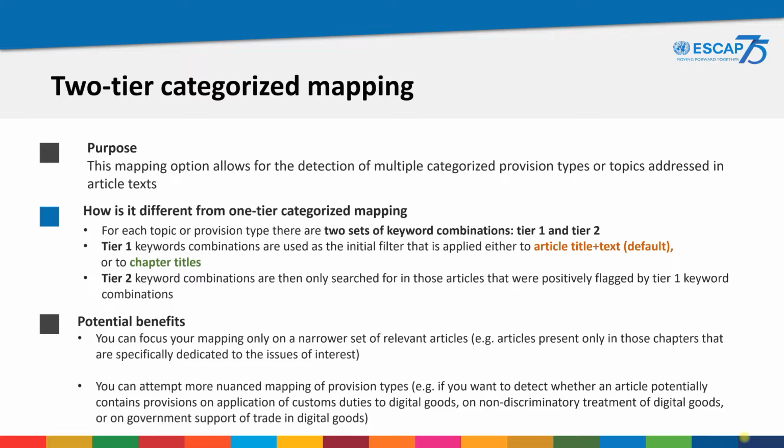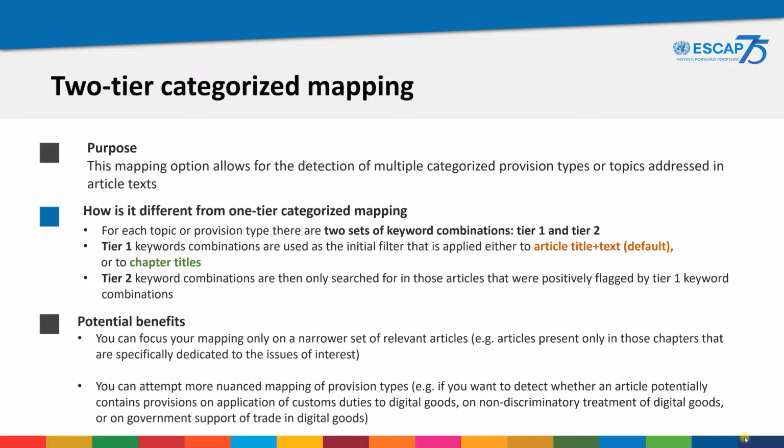Tier 1 keyword combinations are used as the initial filter that is applied either to article plus text combinations or to chapter titles. And Tier 2 keyword combinations are then only searched for in those articles that were positively flagged by Tier 1 keyword combinations.